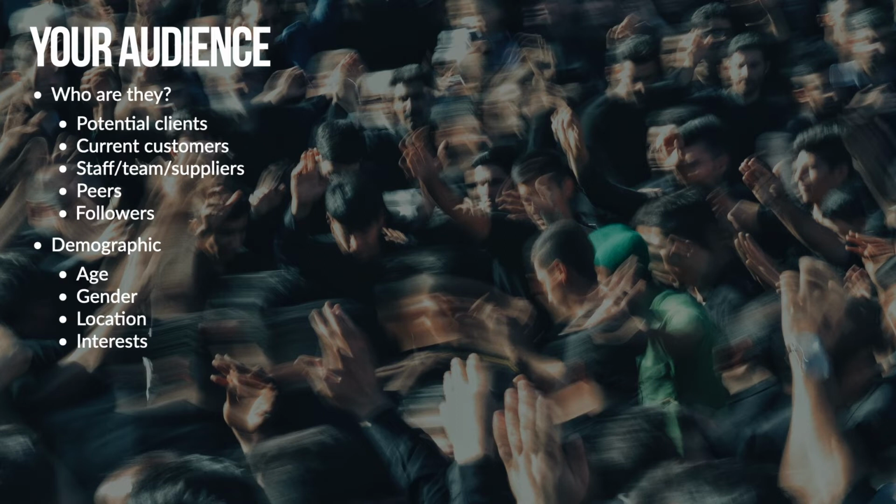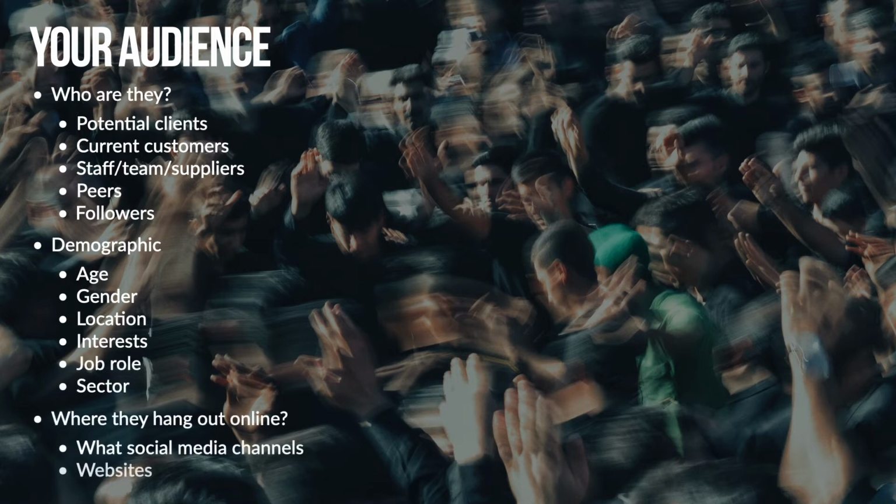Ideally, you need to know the demographic of your audience as well. Who are you appealing to? What age are they, what gender, what location, what interests do they have? What job role or sector do they work in? You need to work out where they hang out online, and ideally you should be creating content for where they are. Are they on LinkedIn, are they on Twitter, are they on TikTok?